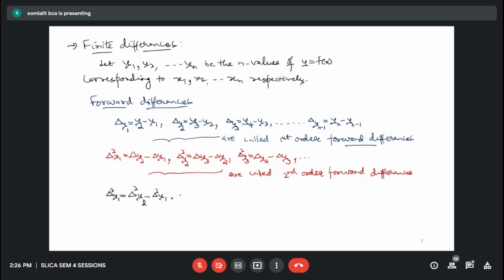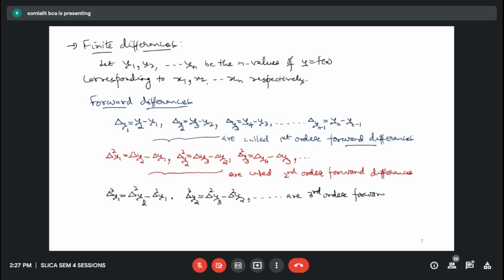So this is nothing but the delta cube y2. And so on. You can continue. These are nothing but our third order forward differences. Now you have realized what we are doing. Okay?